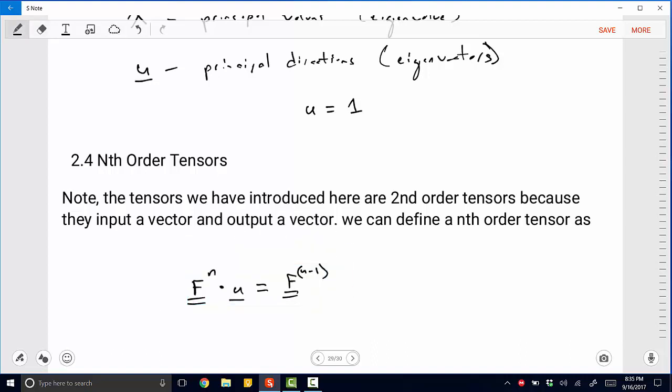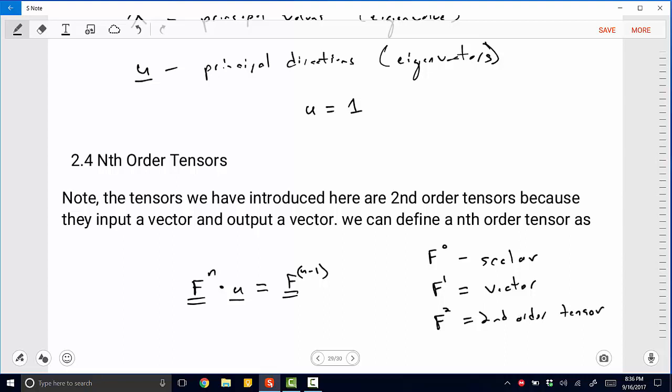And so from this, we can subsequently say that a tensor of order 0 is equal to a scalar, a first order tensor is a vector, and a second order tensor is a second order tensor. Right?